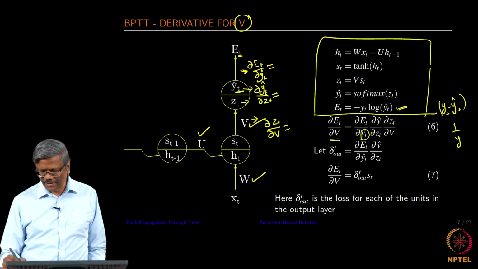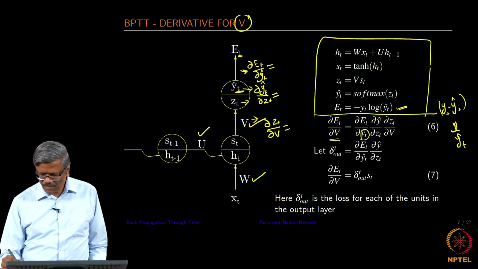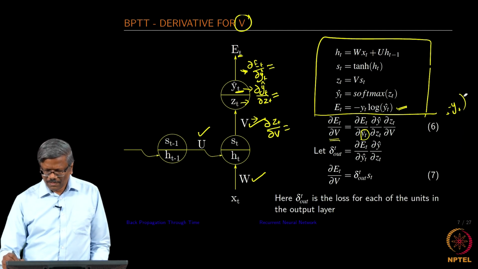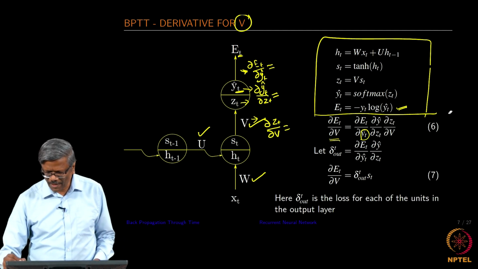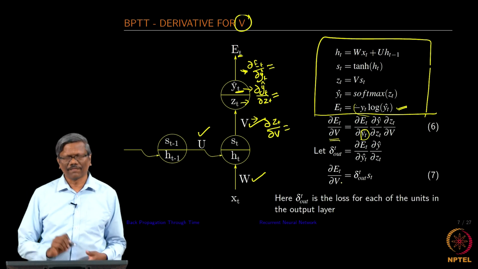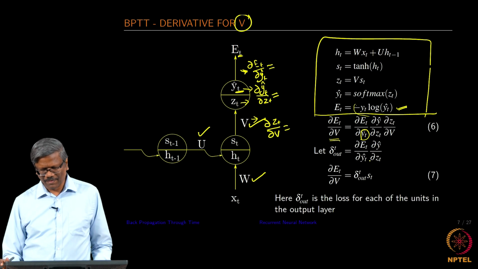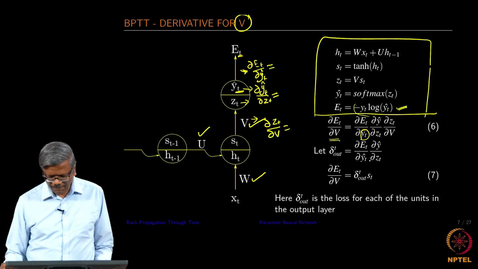If you use a one hot vector, this will become 1, otherwise it will be y t. Let us not really worry about what we are going to be taking on the right side. We will just have the notation for that and then use it in the computation of the derivative for v.